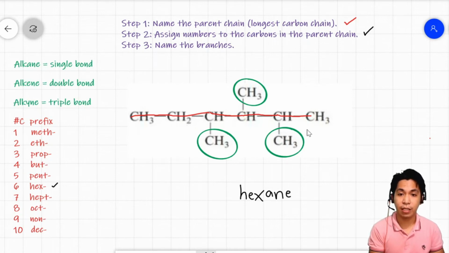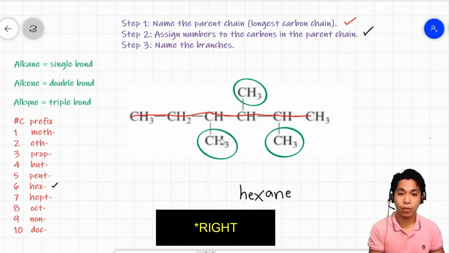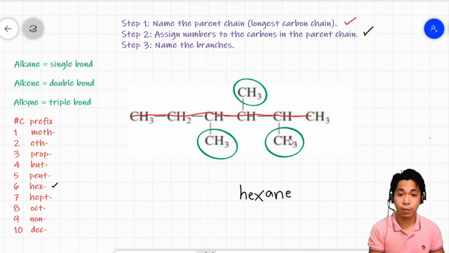This branch here is near the left compared to the branch here, which is towards the right side, because this branch here is 2 carbons away from the right side, while this branch here is 3 carbons from the left. So that means this is nearer to the right side. We will start counting from the right. 1, 2, 3, 4, 5, and 6.